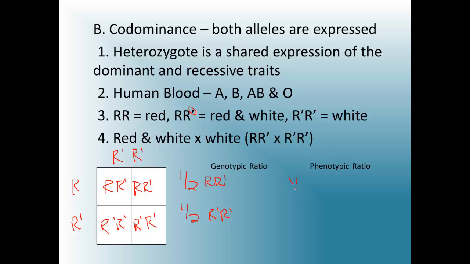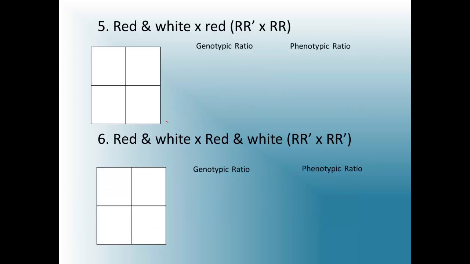In our phenotypic ratio, we have 1/2 red and white. I'm not going to write it all out. And then 1/2 white. Okay? So we do see that we now still see our 2 different phenotypes, but this time we have red and white. So maybe they're stripes, maybe they're spots. Okay, maybe it's the edging of the flower, something. Okay, so then we continue.